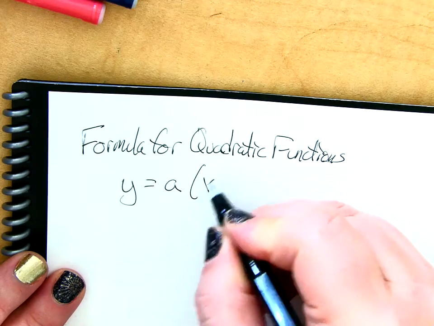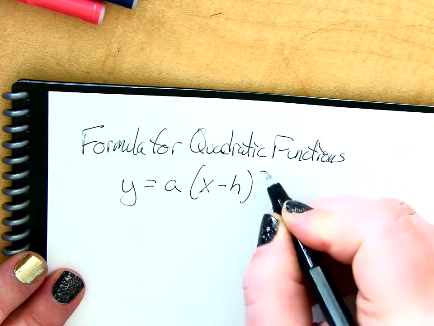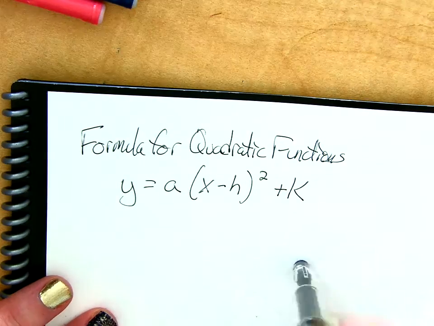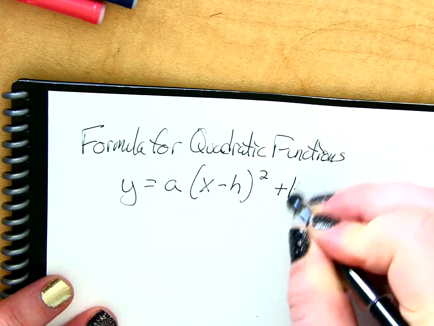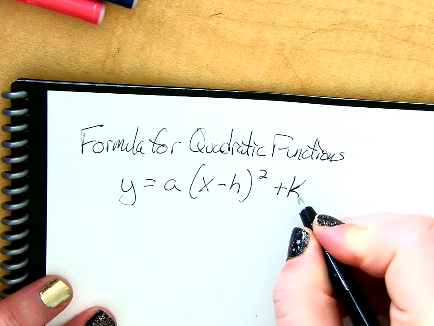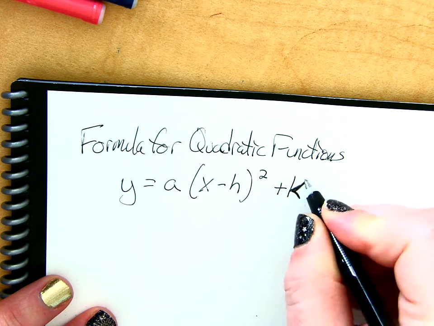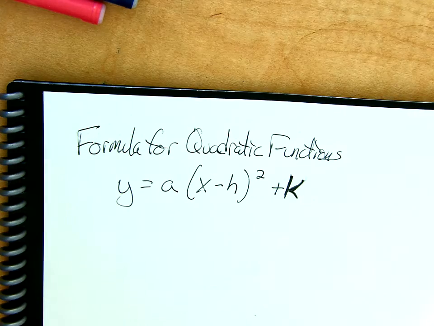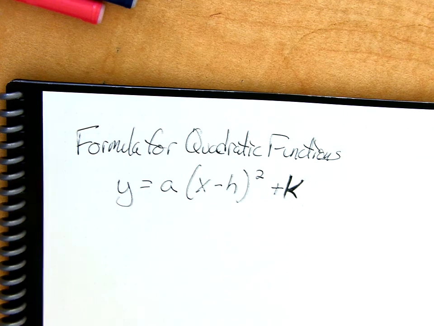Y equals a times x minus h squared plus k. Hold on, that k doesn't even look like a k. K. All right. So let's talk about what all these letters are.